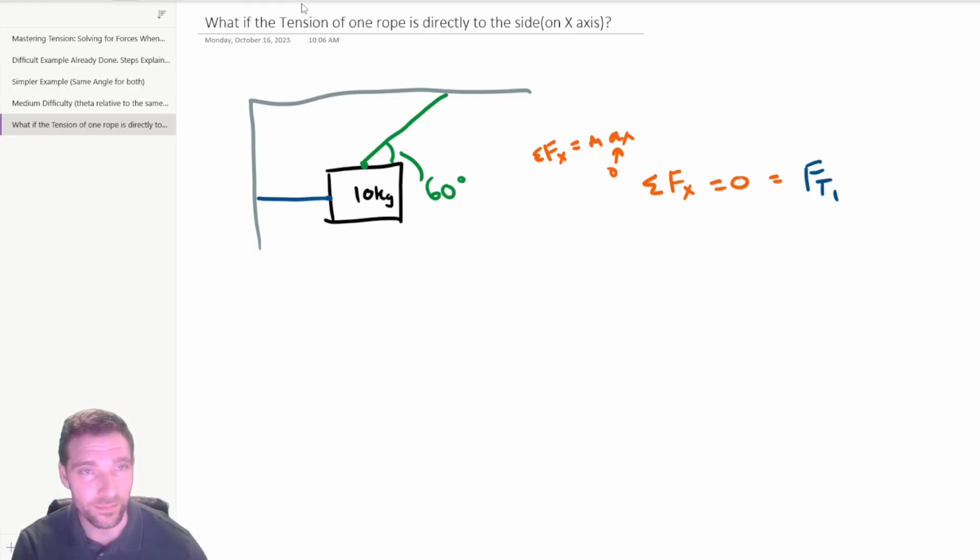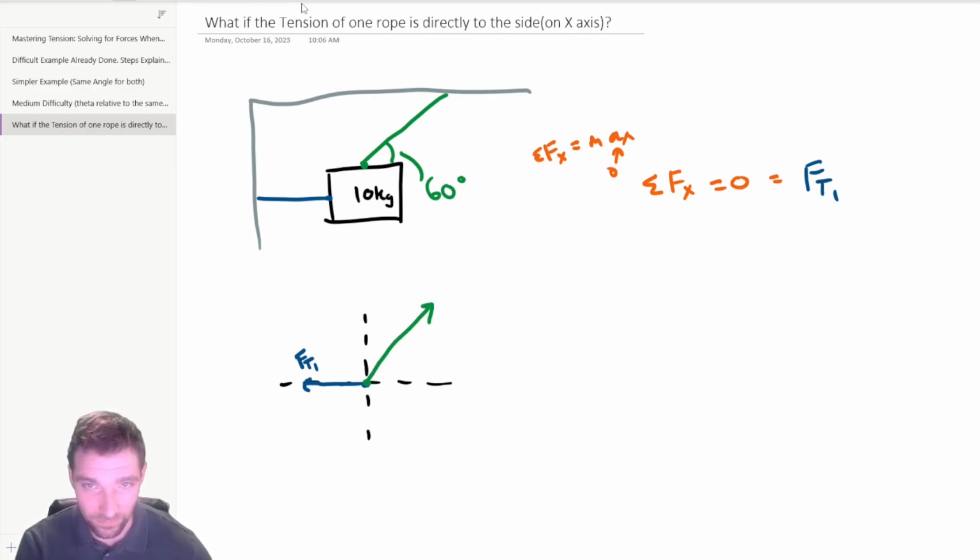So if we think about doing our force diagram, you can see that the Ft1 is going this way, which I tend to think of as a negative. So we've got that Ft1, which is going to be some sort of negative number. And then we're going to have this guy, it's going up a fair amount at 60 degrees. So it's going up more than it's going to the side.